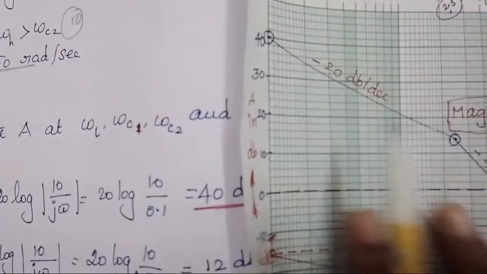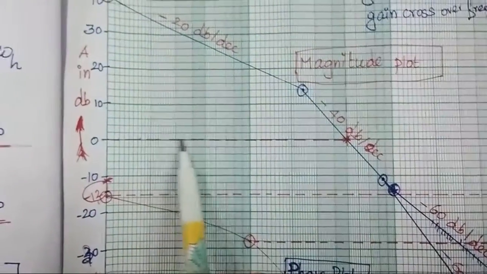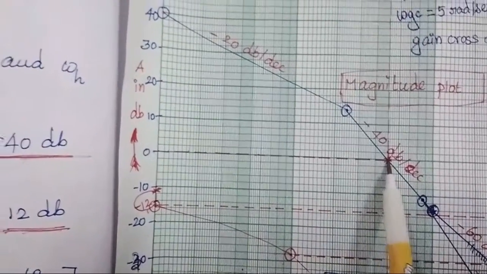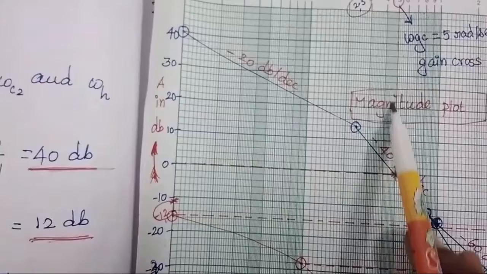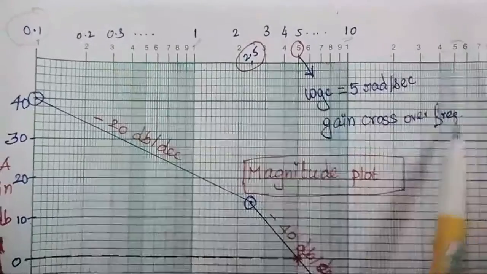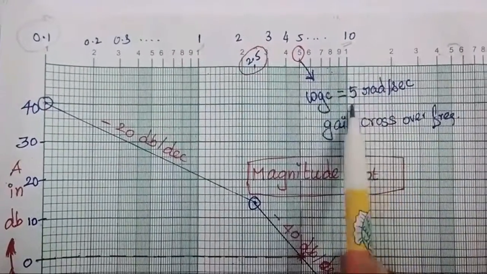Here it's the 0 reference value. We make a tracking and it cuts the magnitude plot at one particular point. The corresponding frequency value is 5. So the gain crossover frequency is 5 radian per second for the given problem.